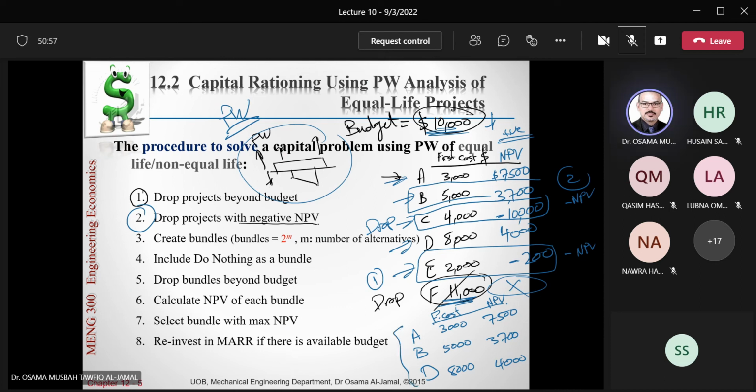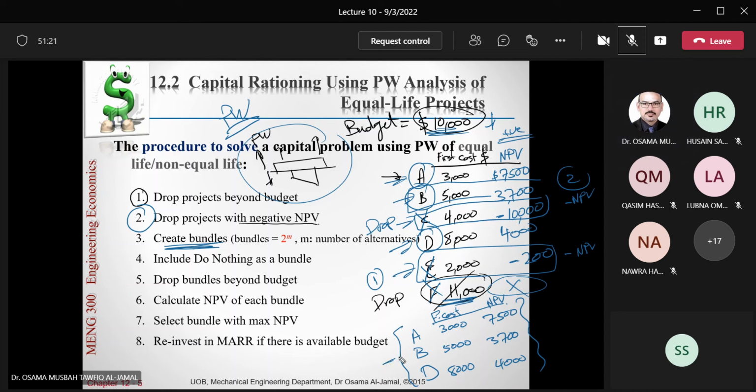When we put them together here, what do we call them now? Create bundles. Now we want to create bundles for what we have here, those 3 projects, A, B, and D. The rest disappear. Left with A, B, and D. What is a bundle?